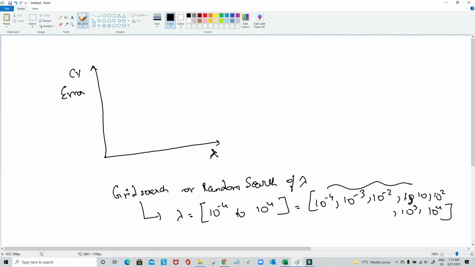So for these values, a plot between cross validation error and lambda is plotted. And as we have seen in K nearest neighbors, we would like to get this kind of shape, and where the error is lowest, that lambda is identified.